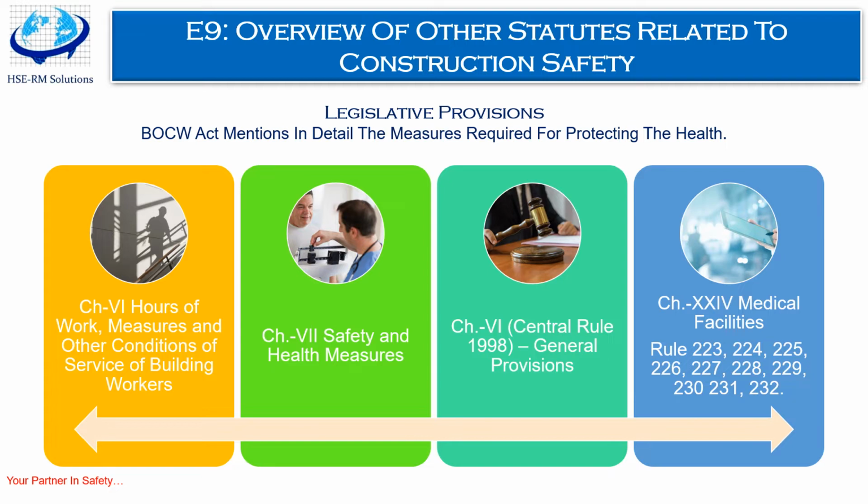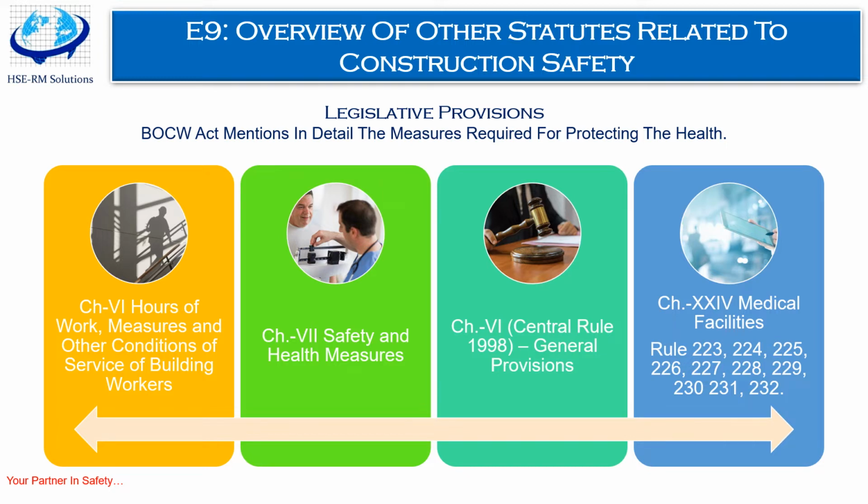Appointment of the construction medical officer, with qualification as in schedule 11, schedule 10 rule 225B: services and facilities to be provided at the occupational health center, that is OHC, schedule 10 and rule 225C: qualification of the CMO, that is Chief Medical Officer. This is specified under schedule 11. So this comes under all the medical provisions.